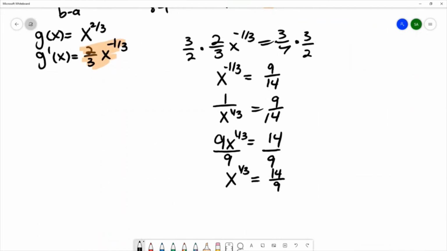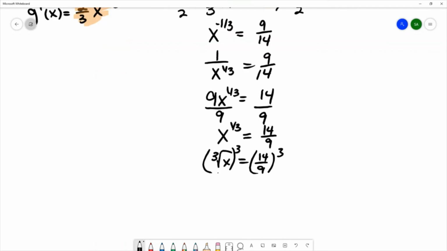Remember that x to the 1/3 power means cube root of x. And so to solve, getting rid of the cube root, I would cube both sides. That gives me x equals 14 cubed over 9 cubed.